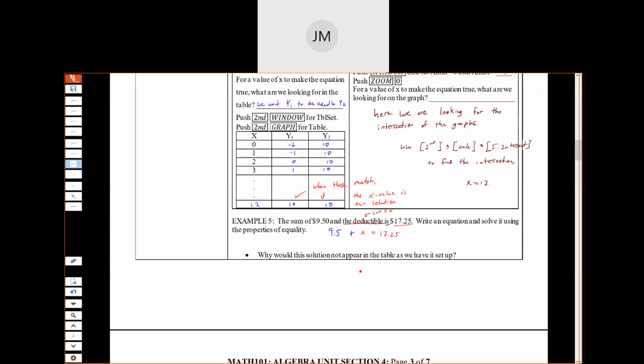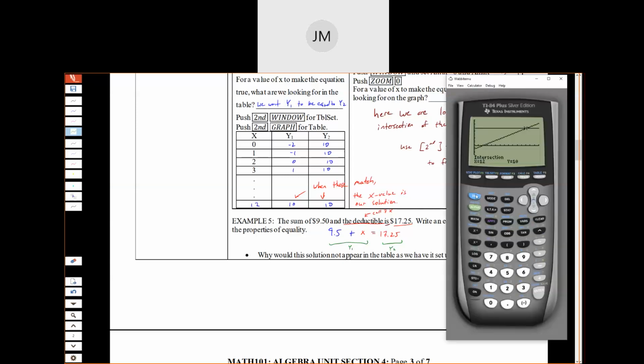Why would this solution not appear in the table as we have it set up? If I were to type this in and follow the same steps that I did before, right, if I put this into y1, and this into y2, okay, the table that I left off with only went up, you know, it doesn't go up high enough, right?